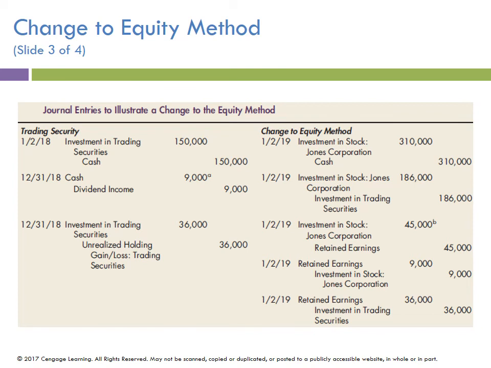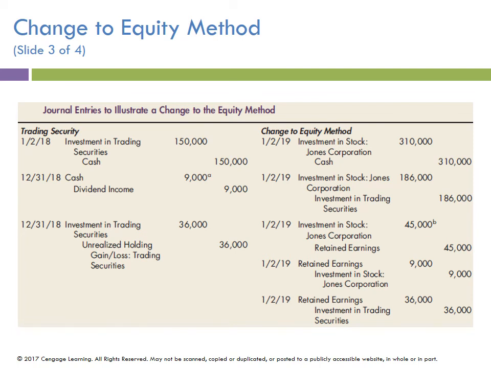Well, during the year, net income for 2018 of Jones Corporation was $300,000. 15% of it, if we applied the equity method last year, would have been debited to the investment in stock Jones Corporation and credited to an income account.